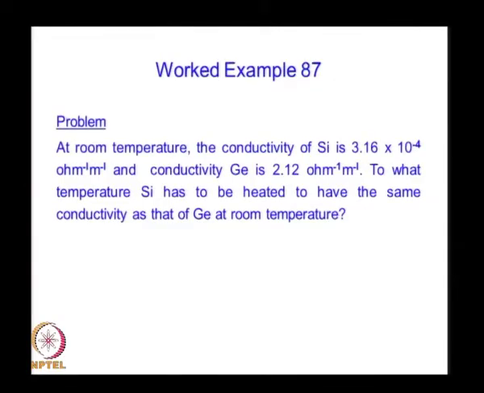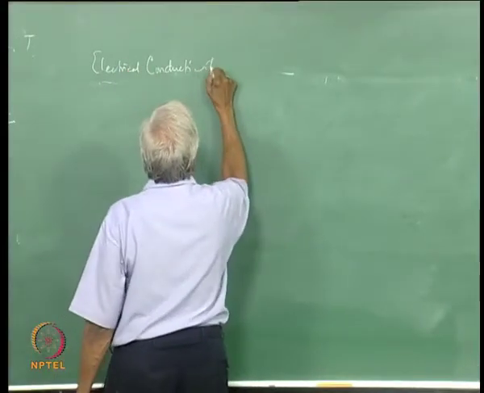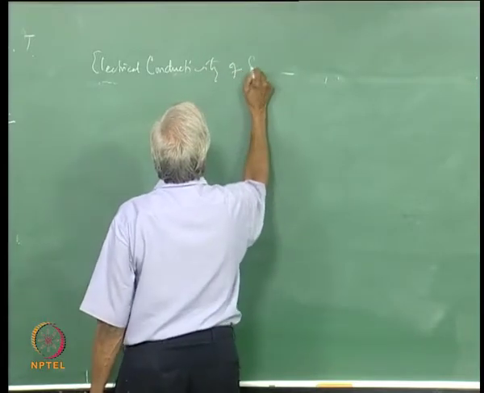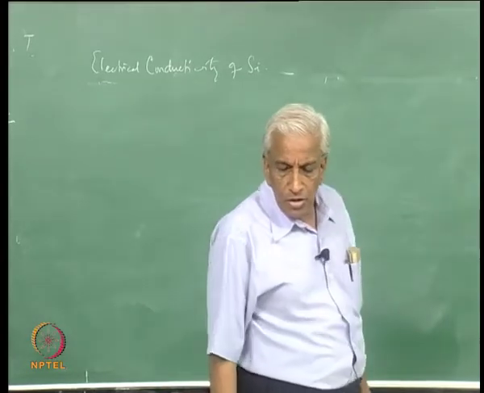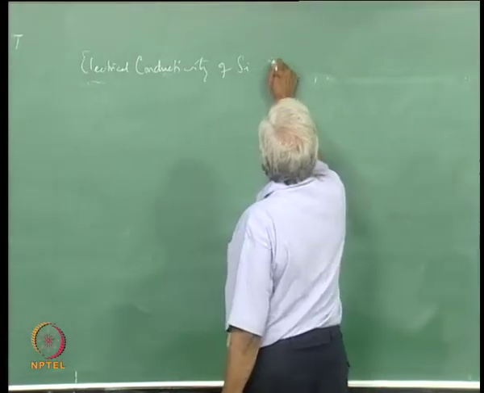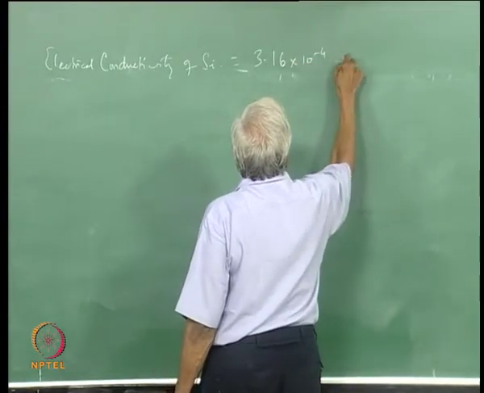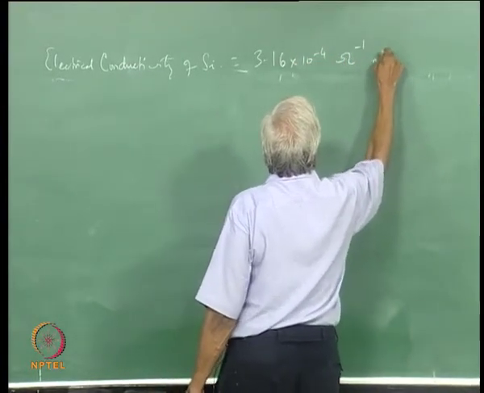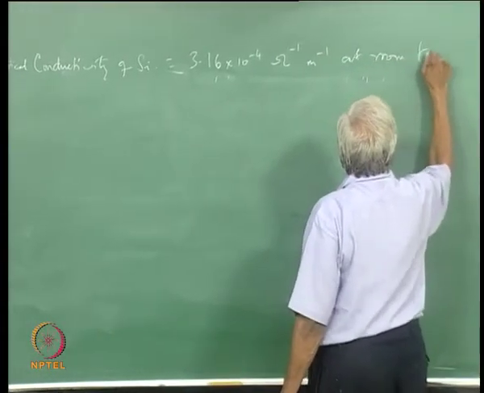Next question concerns the comparison of the conductivity of silicon. Conductivity means always electrical conductivity in this case. Silicon is 3.16 into 10 to the power minus 4 at room temperature.